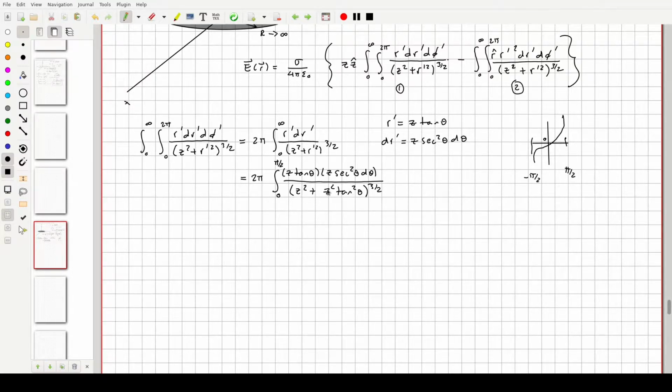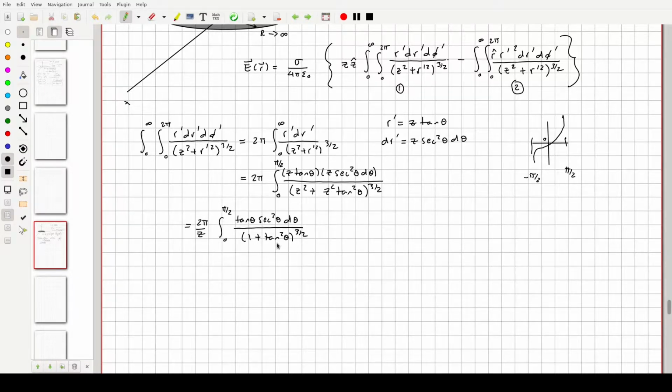Now let's see here. In the bottom, we have a z squared. We have a z squared. You pull that out, raise to the 3/2. That gives you z cubed. You have a z here and a z here. When you handle those right there, you have 2 pi over z from that one. Integrating from 0 to pi over 2. Tangent of theta, secant squared of theta, d theta, over 1 plus tangent squared of theta to the 3/2.